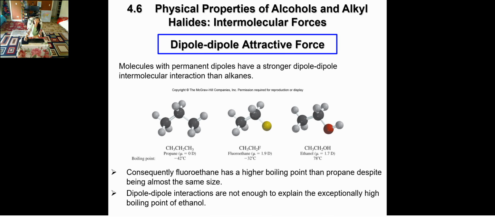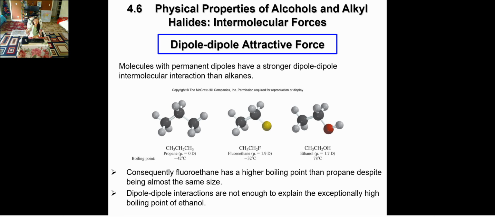And then we move on further to discuss the physical properties of both alcohols and alkyl halides. Again, intermolecular forces will be very important for you to understand the boiling point changes, melting point differences, including the densities. Generally speaking, in the halides and the alcohols, you are going to find dipole intermolecular forces.